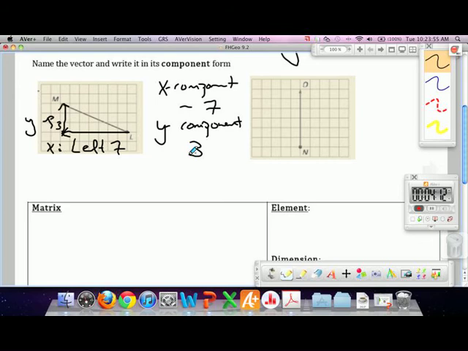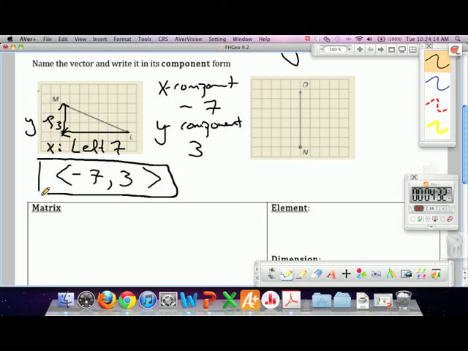To tell that this is a vector, not just a point, we use these greater than and less than symbol brackets. We'll say the change in x is negative 7, change in y is 3. That is the vector in component form. This is saying go to the left 7, go up 3.